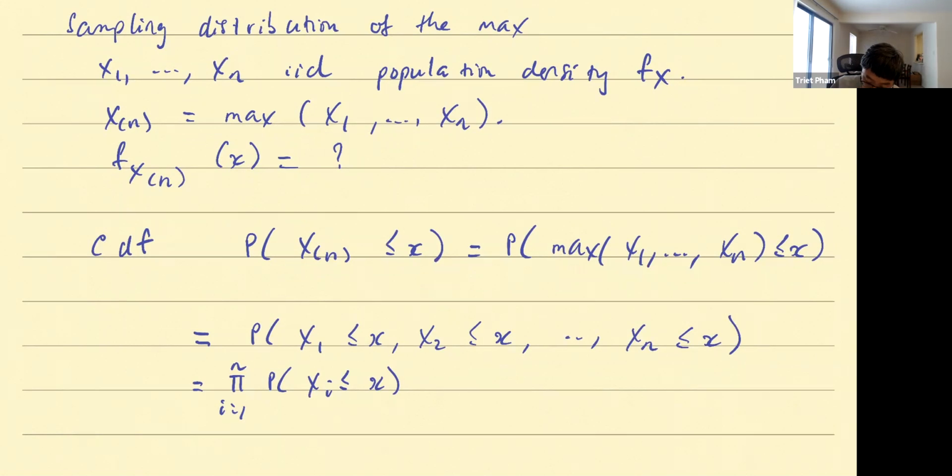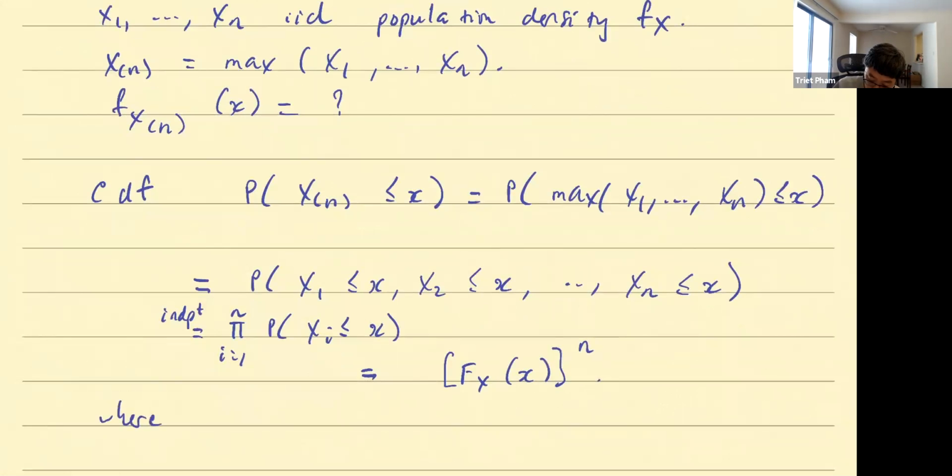So this is from independence, and now from identical distribution, because they all have the same density. So you could, I guess, in Youngyu's language, do this, where of course F is the CDF.